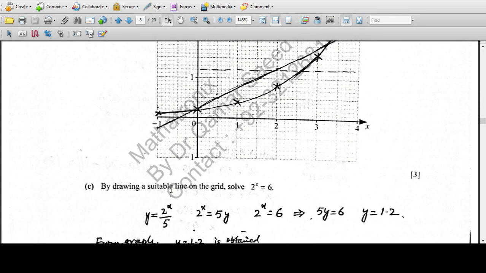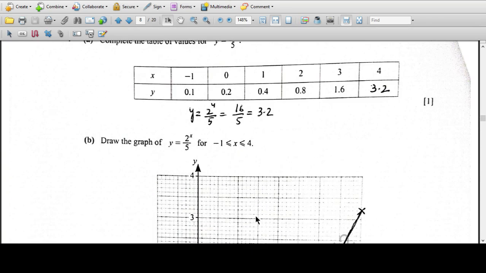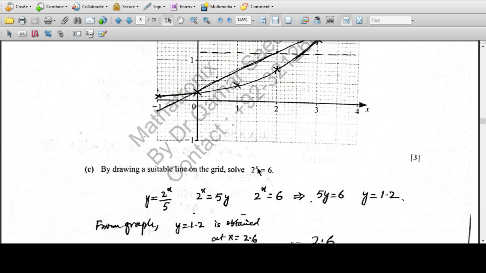By drawing a suitable line on the grid, solve 2 power x is equal to 6. So the value of y is given as 2 power x upon 5, so 2 power x is equal to 5y.